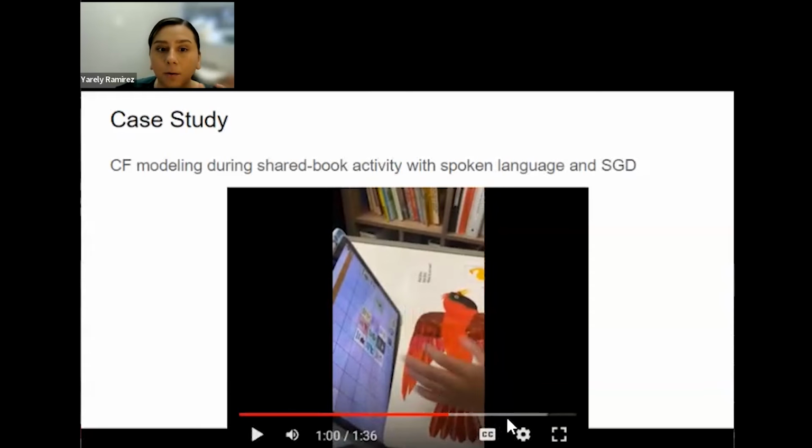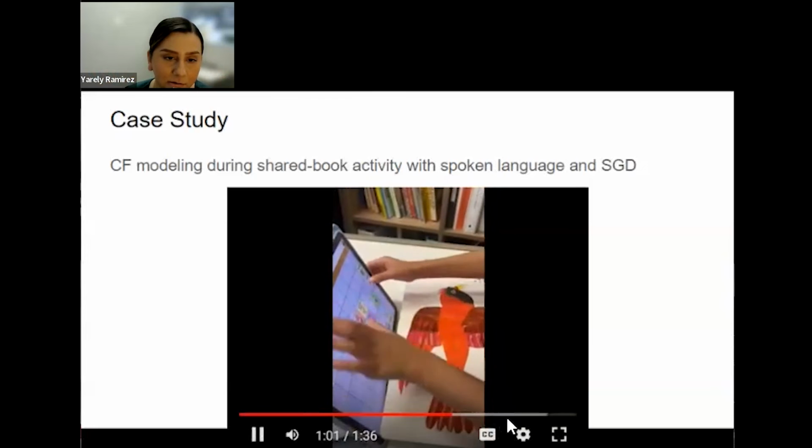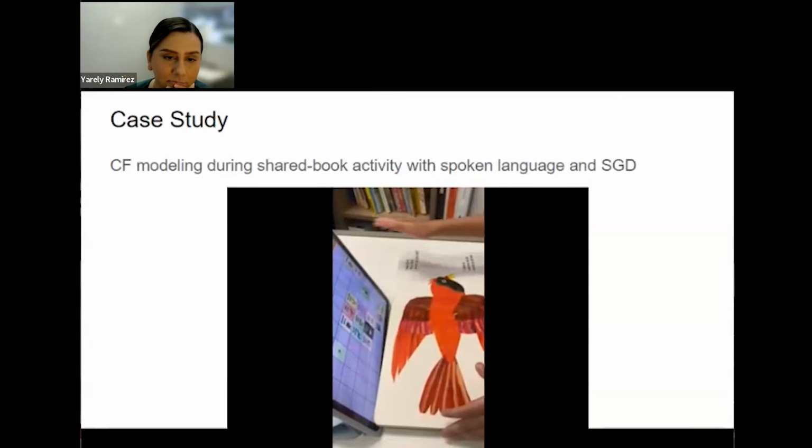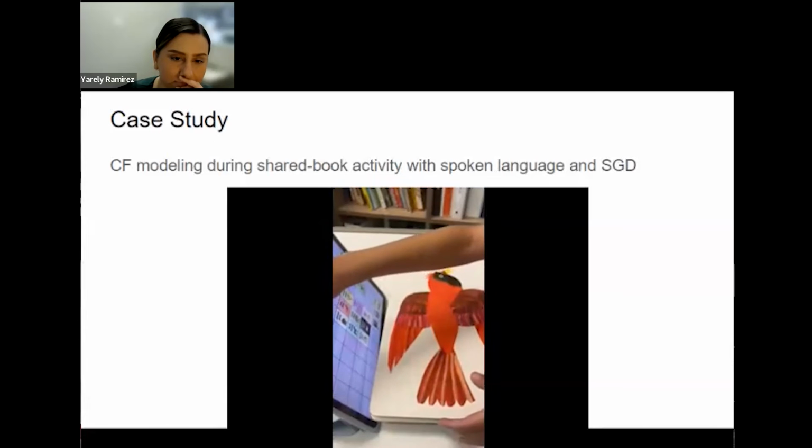So then I model, I select icon, see, select icon, yellow duck, select icon, looking at me. So I was modeling that spoken language and those icons throughout the whole book reading. More. Yellow duck. Okay, we're gonna do more yellow duck. Please turn the page. More yellow.